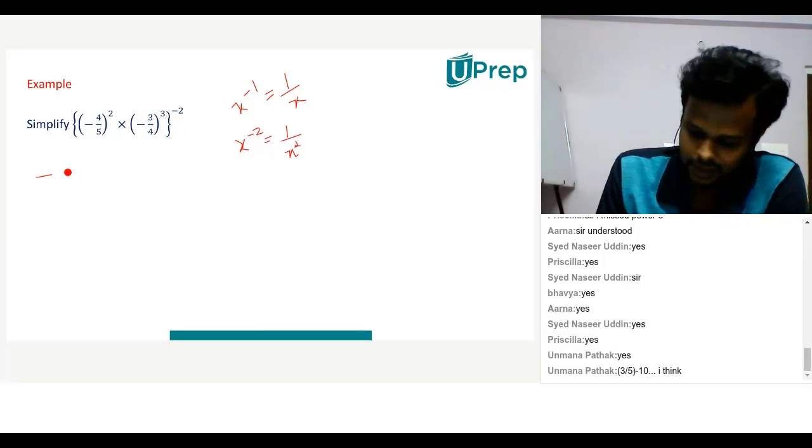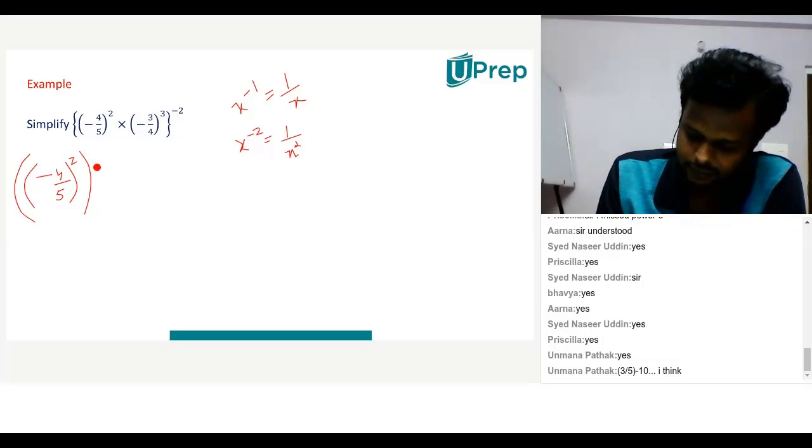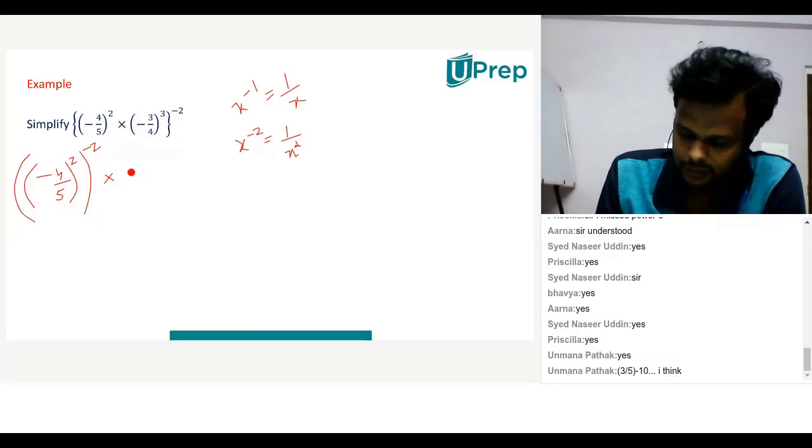That means I will write this as minus 4 by 5 whole square, and then again for the power, I have minus 2, into minus 3 by 4 whole cube to the power minus 2.